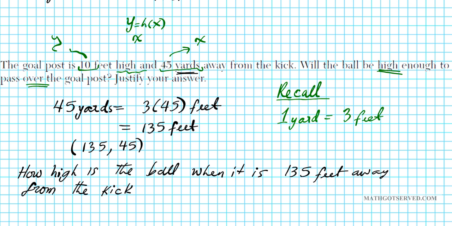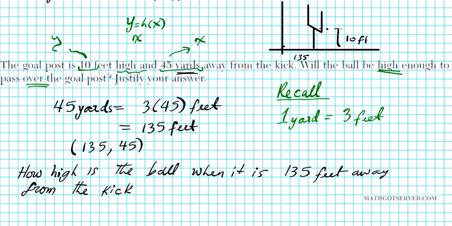Okay, so let me just give you a visual to help you understand what's going on here. So we have a coordinate system, and 135 feet away you have the goalpost. Now the height of the goalpost is 10 feet.